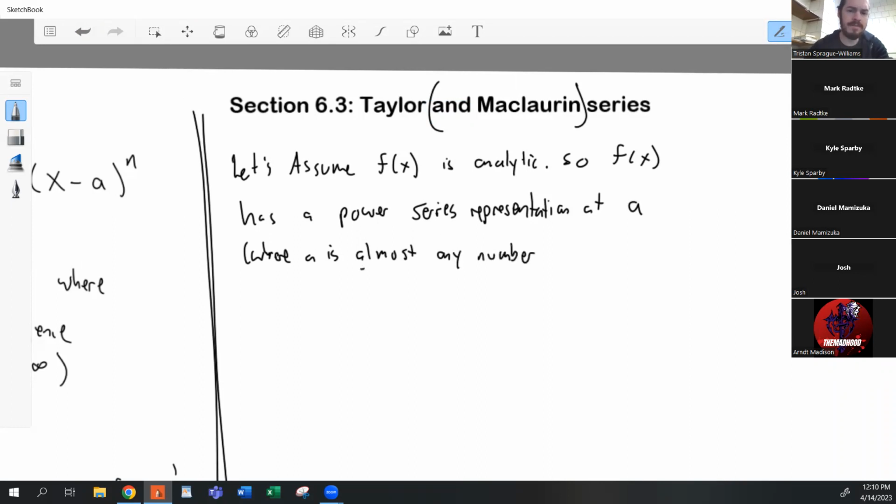And this keeps on coming up, the almost. I am not really planning on going into detail about where it does or doesn't have a power series representation. I feel like that's not really that relevant for this course. I think that you might learn more about that in a mathematical analysis course, but for this semester, we're not really going to be worried about where the points are where it might fail. I'm not going to do that.